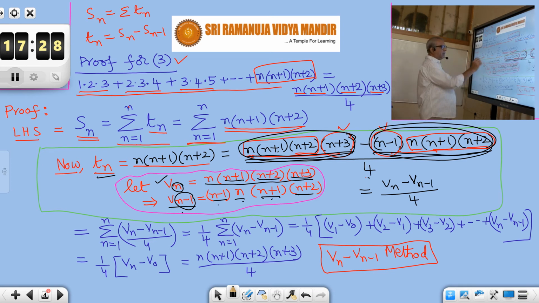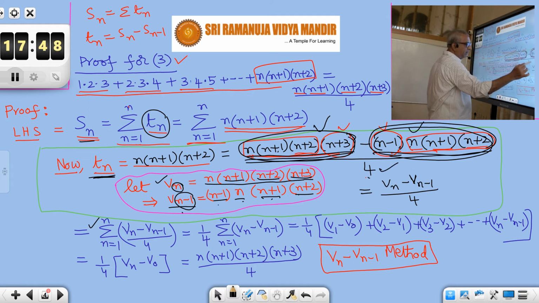Coming to this one, Sn is equal to sigma Tn. In place of Tn, I can now write Vn minus Vn minus 1, by 4. Tn is nothing but Vn minus Vn minus 1 by 4. So 1 by 4 can be taken out of sigma, constant can be taken out. So sigma n equal to 1 to n, Vn minus Vn minus 1.